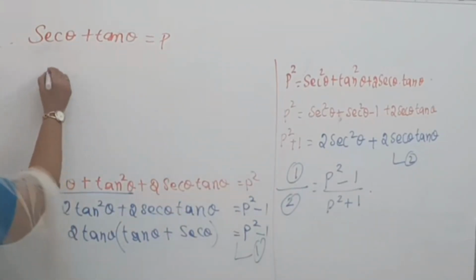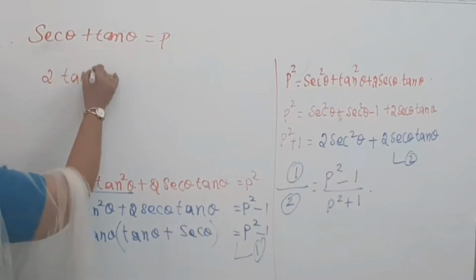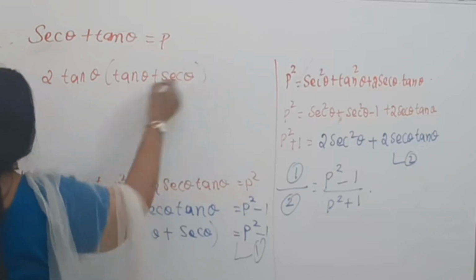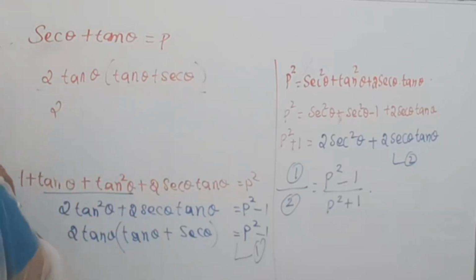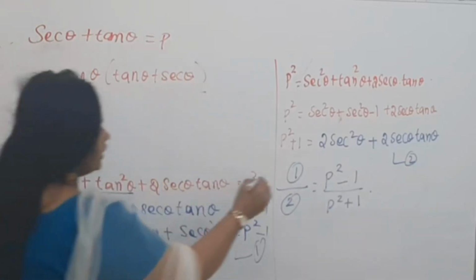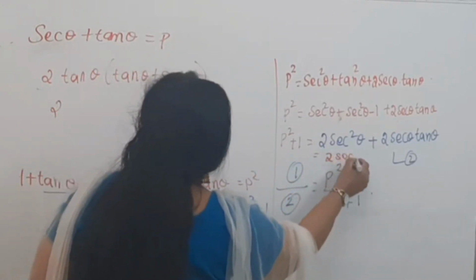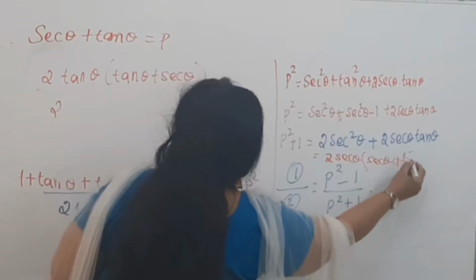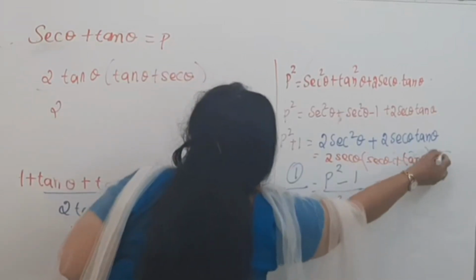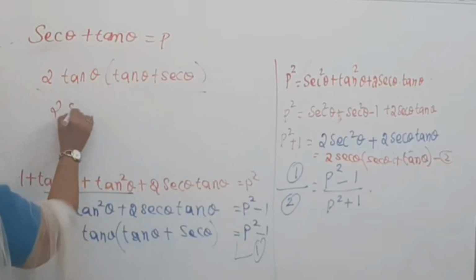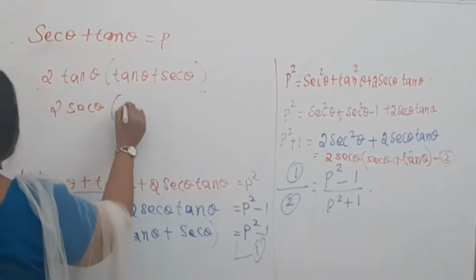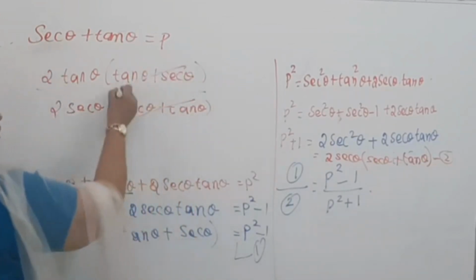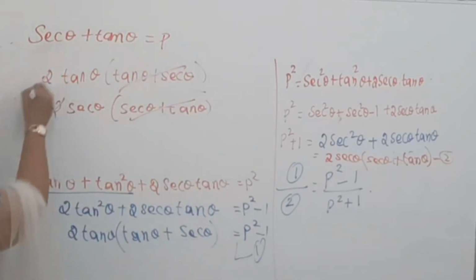Which is equal to 2 tan theta into tan theta plus sec theta, divided by 2 sec theta. You can take out sec theta here, children. So 2 sec theta can be taken out, and you are left with sec theta plus tan theta. So both mean the same, just the order is changed. So this also gets cancelled.